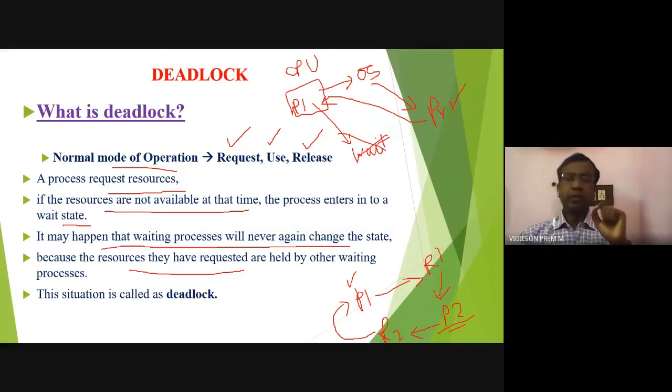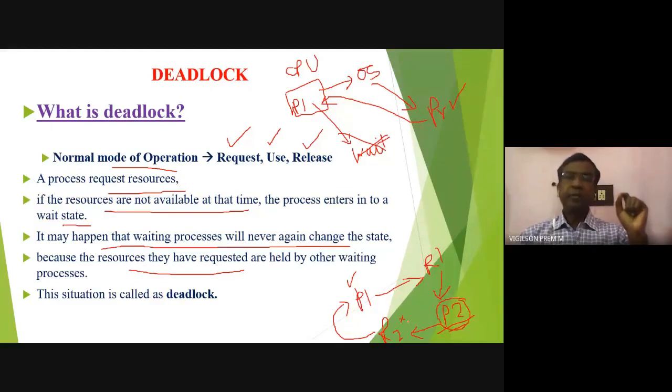Now the question is, when will process P1 or P2 complete its work? They will never complete, because P1 is requesting R1, and R1 is used by P2. When can P2 complete? If R2 is allocated.